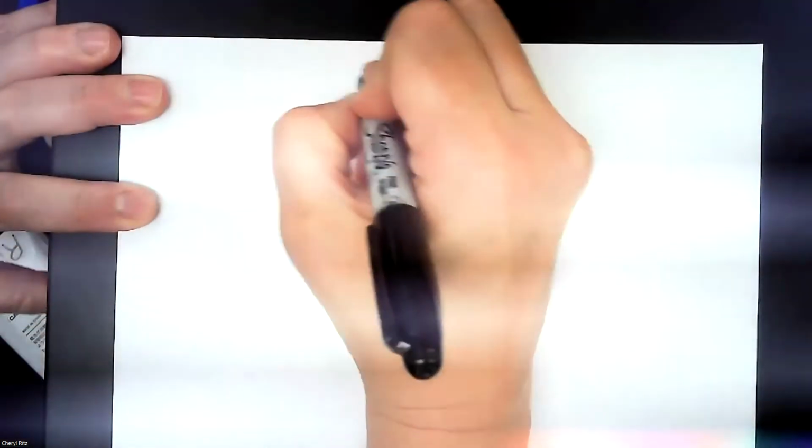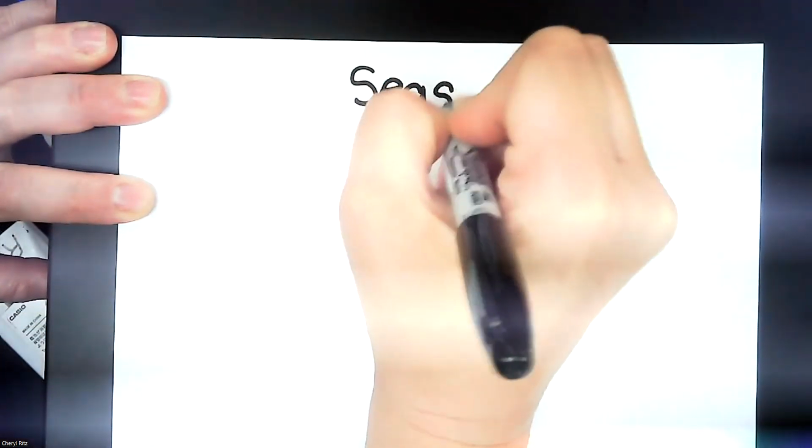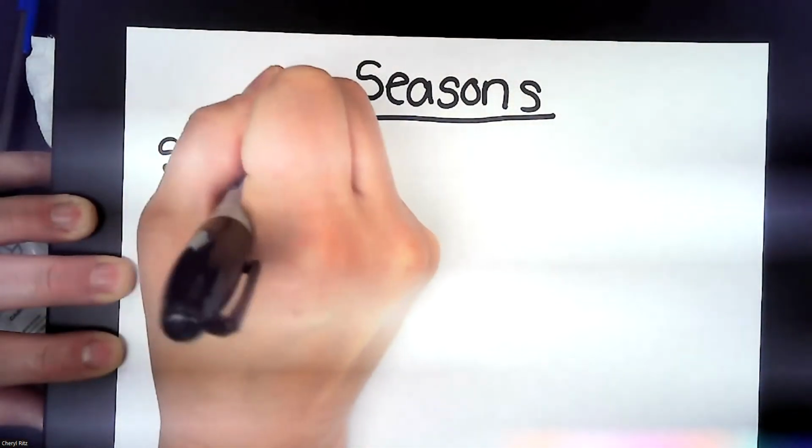Guys, what are the 4 seasons? Fall, spring. So there are 4 seasons. And they are which one should we start with? Let's start with summer. Sorry, you lose, Jake.